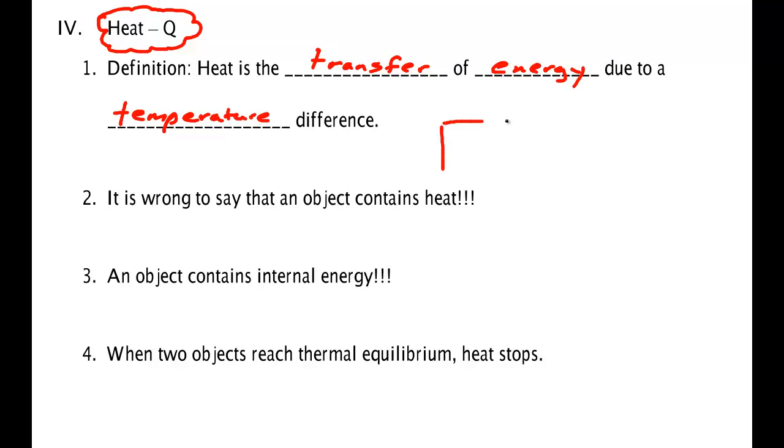So when you have an object over here that's, say, at 300 degrees C, and you have another object over here that's at 100 degrees C, we've already said that the molecules here don't have the same average energy per molecule, whether that's kinetic, potential, and so forth.